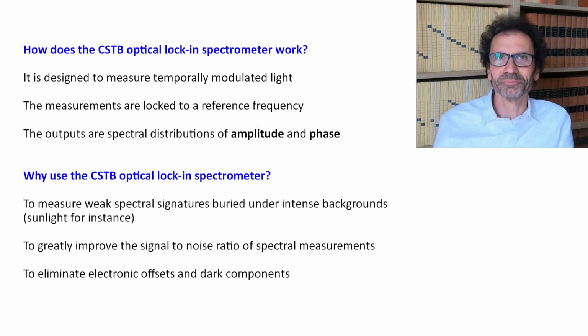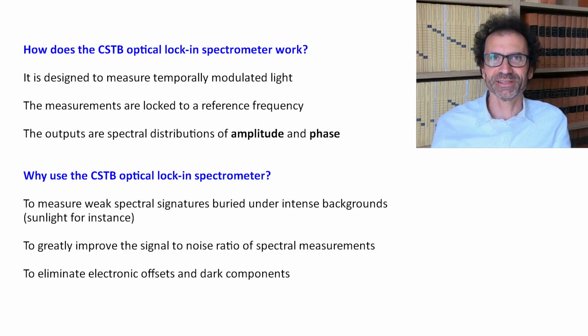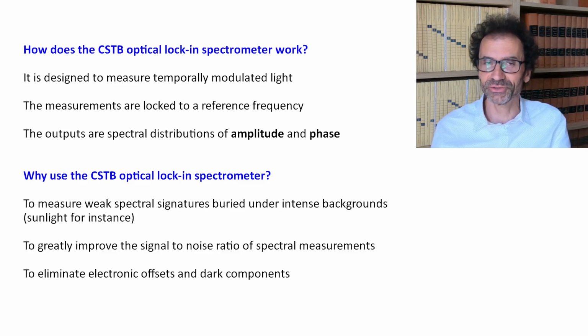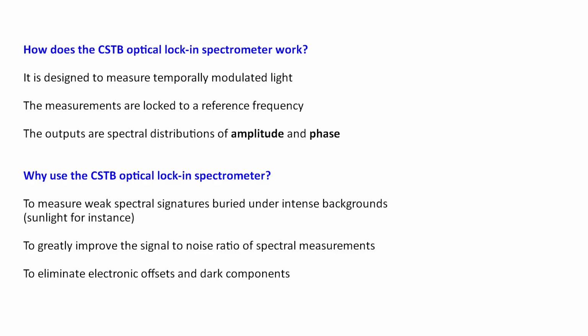Let me now give you some details about how the CSTB optical locking spectrometer works. It is an instrument designed to measure temporally modulated light. The measurements should be locked to a reference frequency, and its outputs are spectral distributions in amplitude and phase.